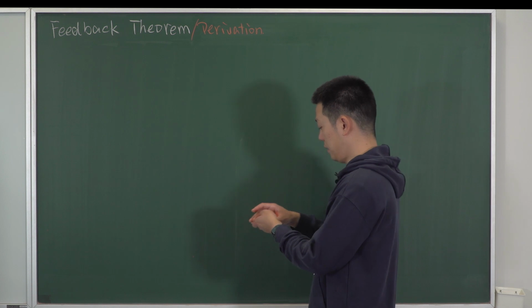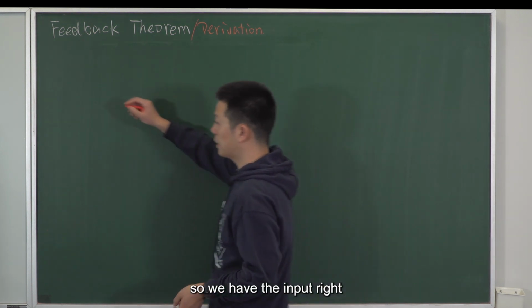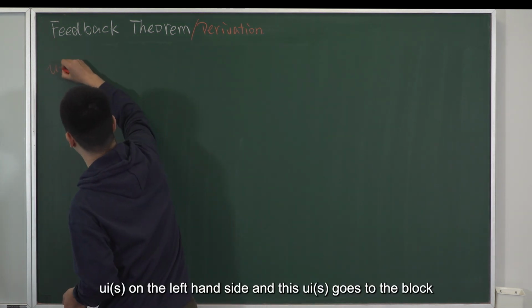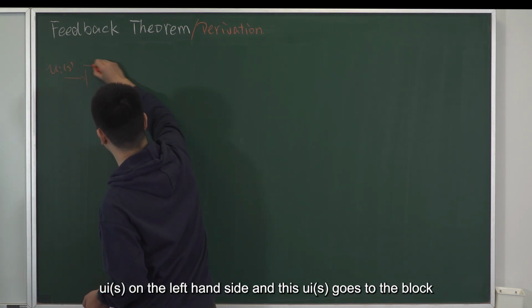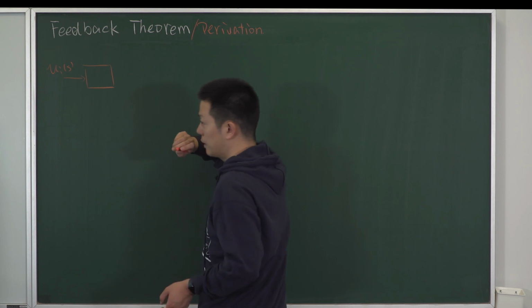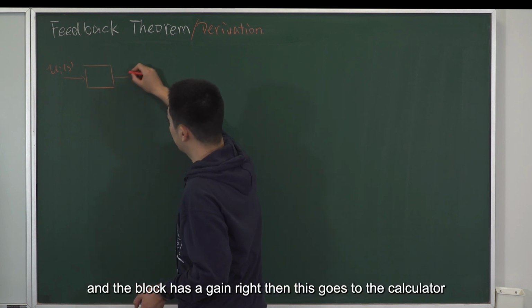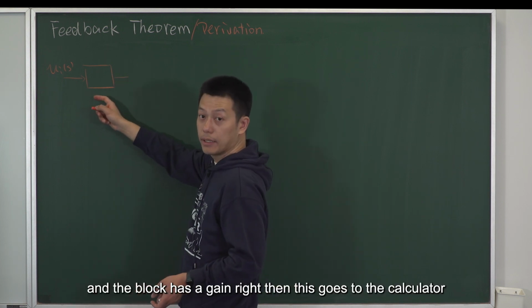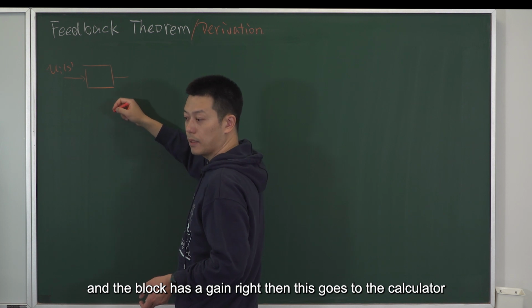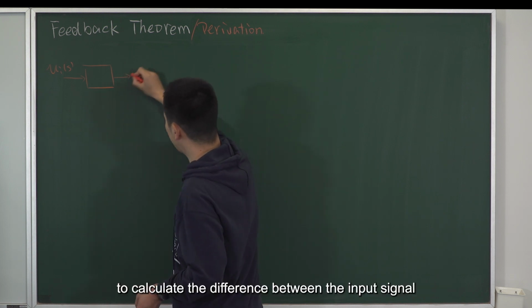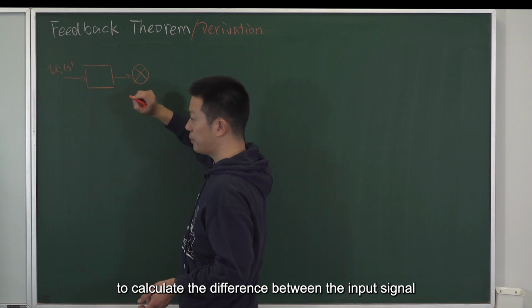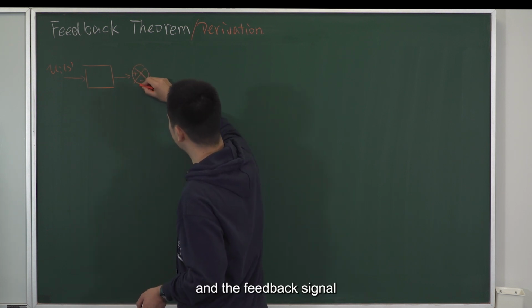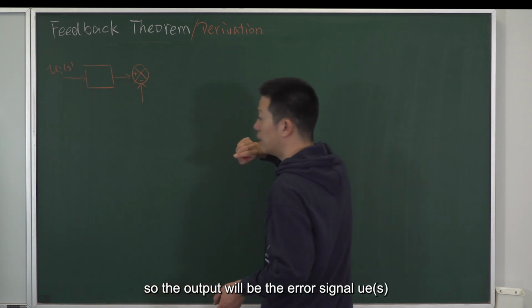So we have the input, UI, on the left-hand side, and this UI goes to a block, and the block has a gain. Then this goes to the calculator to calculate the difference between the input signal and the feedback signal.